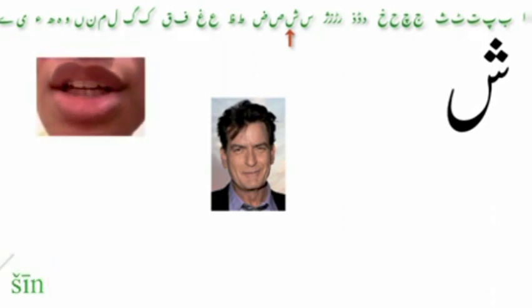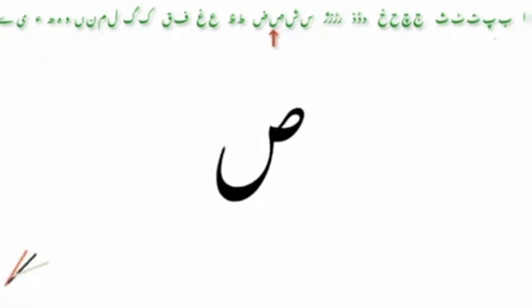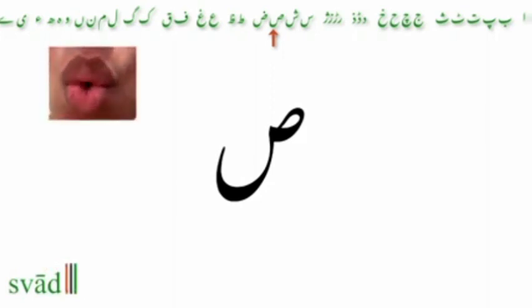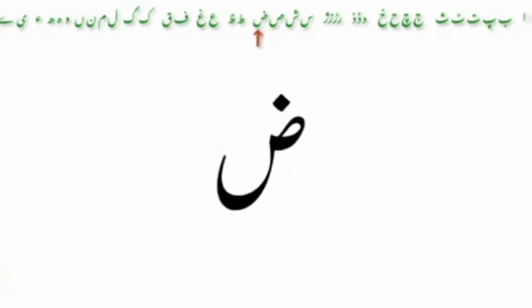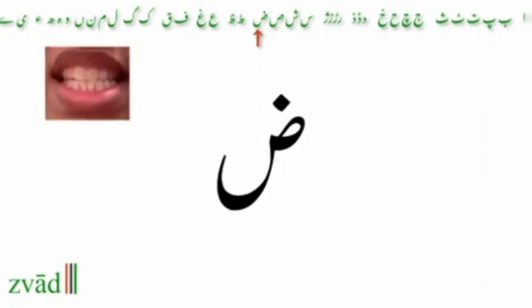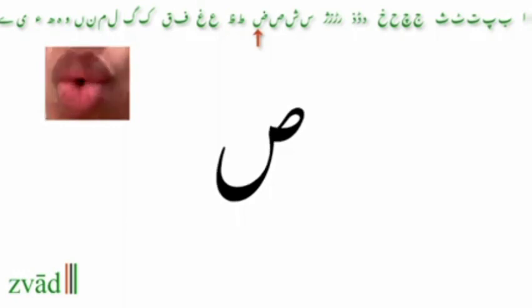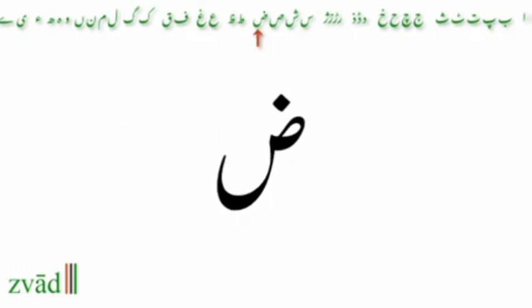Then we have swad, and zwad. I'm not going to go into the mouth movement, but if you're struggling with any of the letters and want more guidance, let us know.